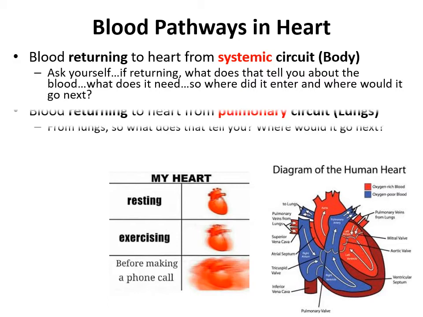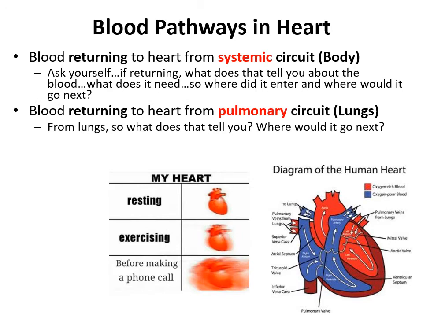Then you have the blood that returns from the lungs, from the pulmonary circuit. So if you think about it, what happened to this blood? Well, it got oxygen, right? It's been oxygenated. So that's going to enter the left atrium and get pumped through the mitral valve to the left ventricle.